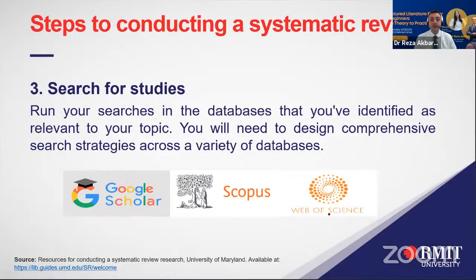How come? What you need to do is find those databases that are well established in your discipline. Some of these databases are well established in business. Some of them are well established in healthcare, or health focus or clinical focus studies. So these are very important factors for us.